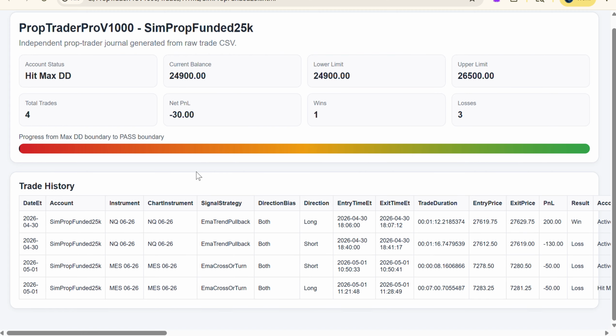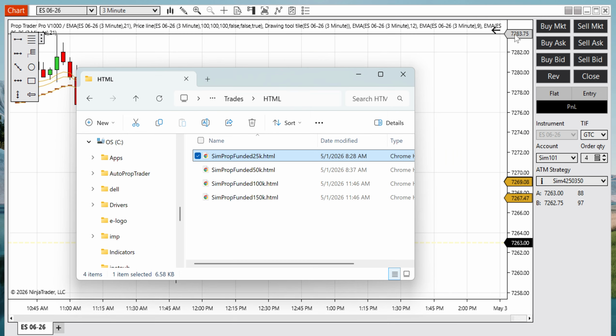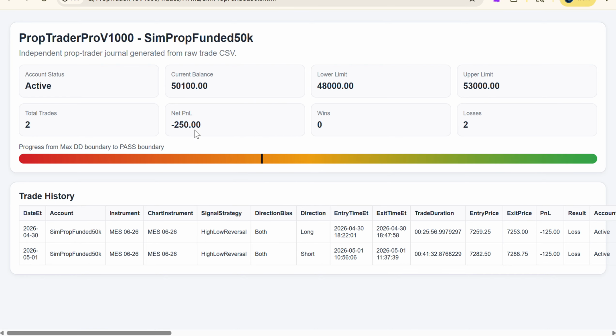If you see, you have these different testing losses and wins. So it made a $30 loss. And then this account made $250 net PNL, but its current balance is this, lower limit is this.